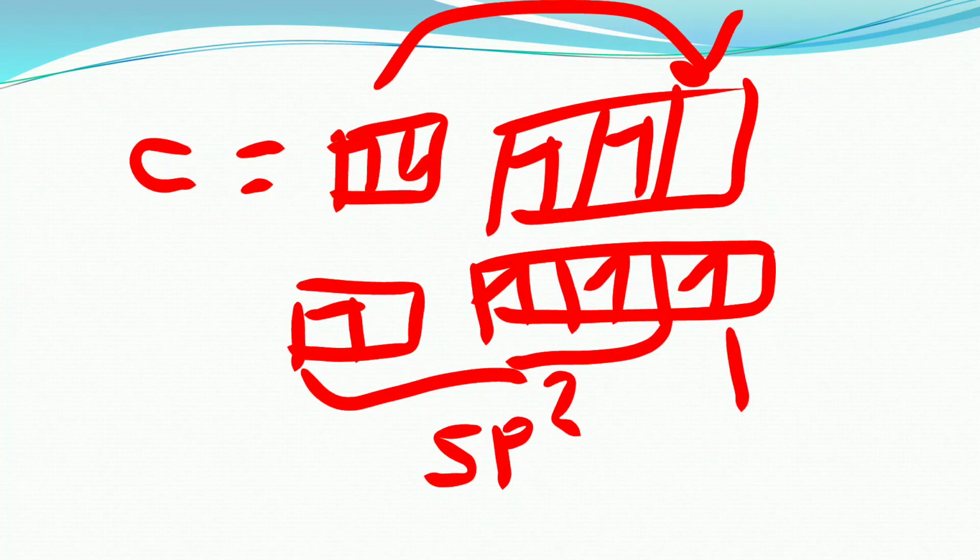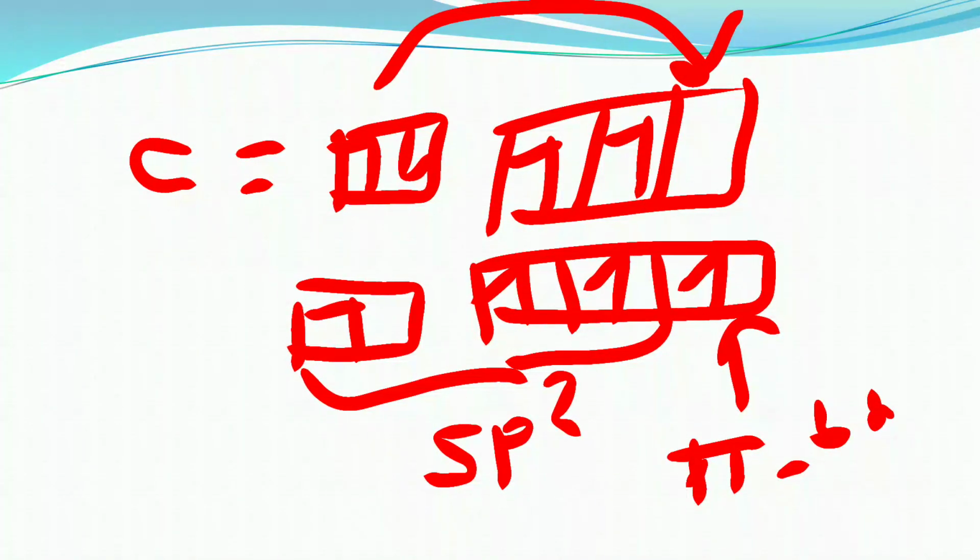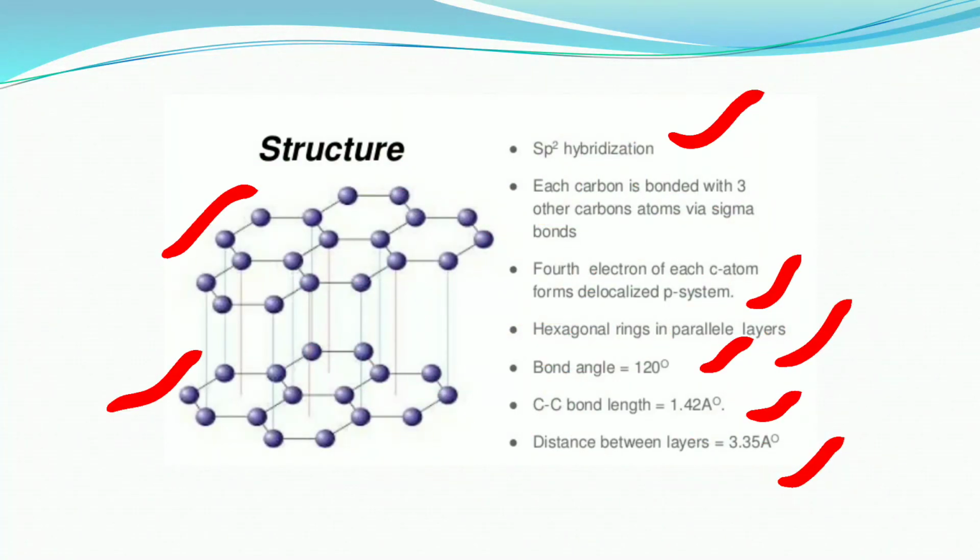And here this unpaired electron is used for the formation of a pi bond between two carbons. This is a benzene-like structure. You can see here it has a benzene-like structure, and here there is a double bond.